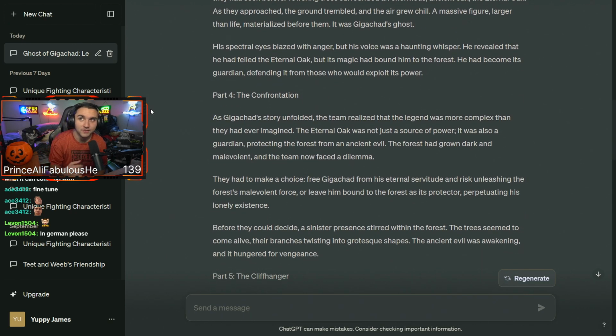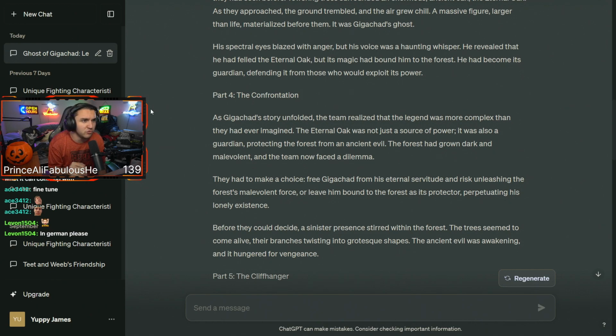Part 4. The Confrontation. As GigaChad's story unfolded, the team realized that the legend was more complex than they had ever imagined. The Eternal Oak was not just a source of power, it was also a guardian, protecting the forest from an ancient evil.